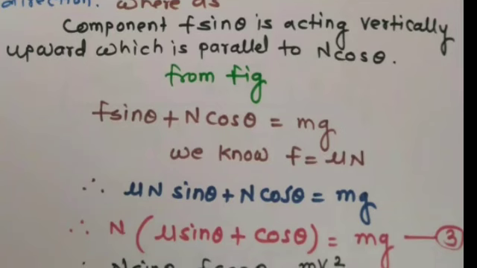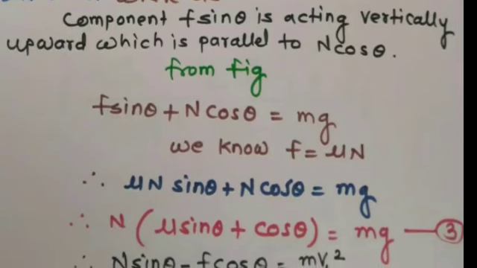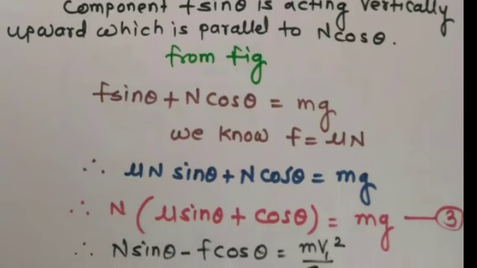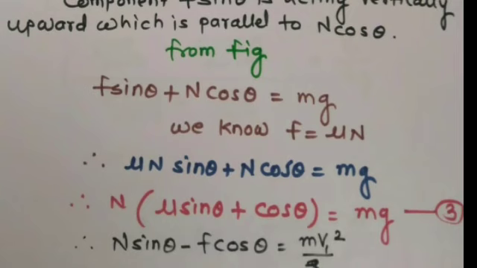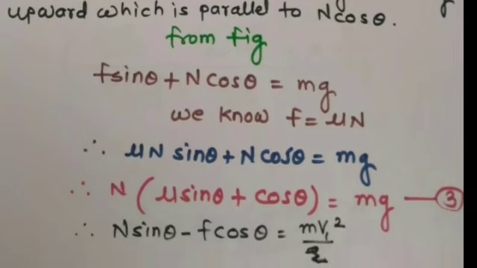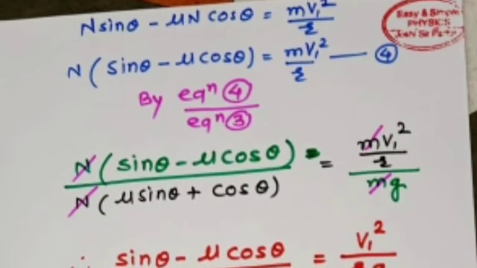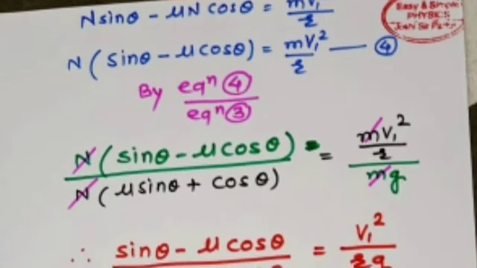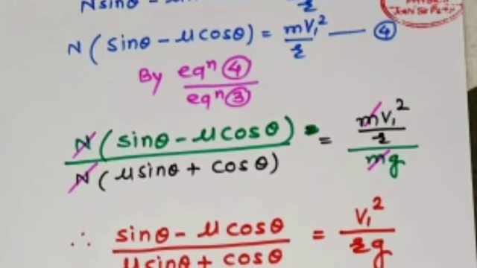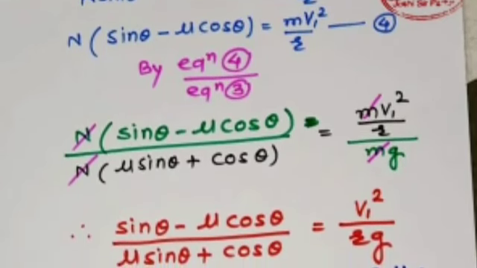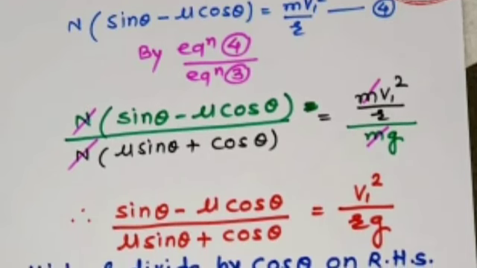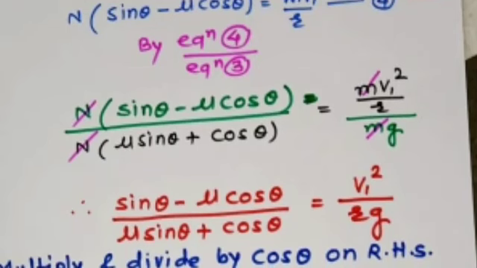And therefore, we see that N sin theta minus F cos theta equal to mv1 square upon r. So N sin theta minus mu N cos theta equal to mv1 square upon r. Take N common, so N (sin theta minus mu cos theta) equal to mv1 square upon r, equation 4.